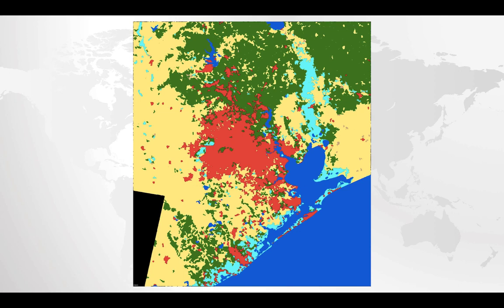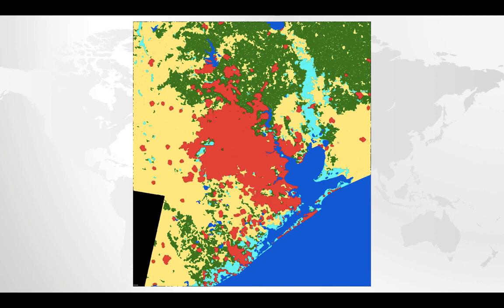And what you can do, hopefully this will work, is model over time the expansion of the Houston metropolitan area. Notice as I go through these different time steps, you'll see the growth of Houston.